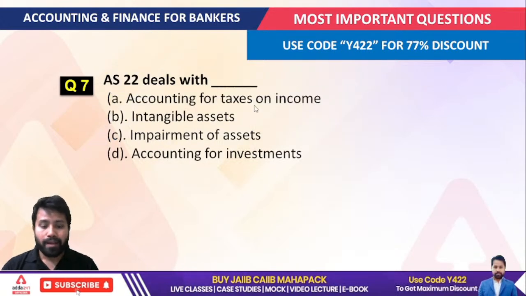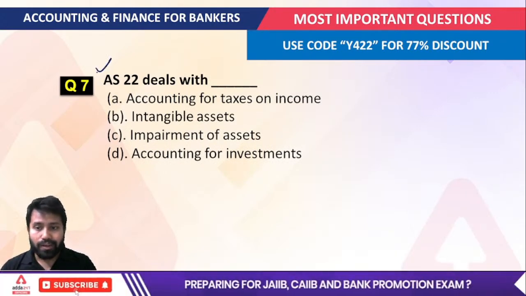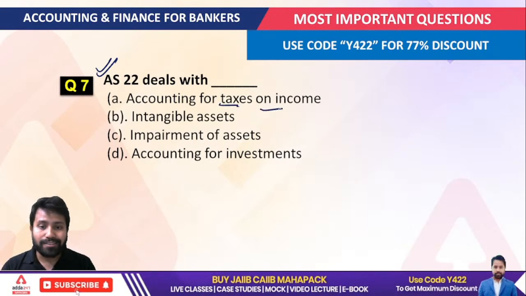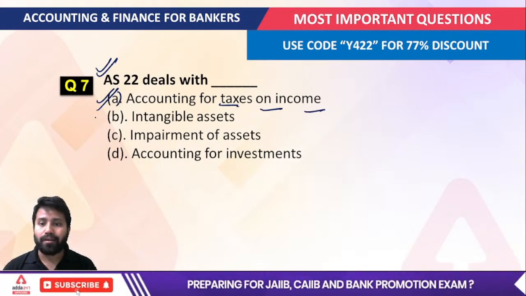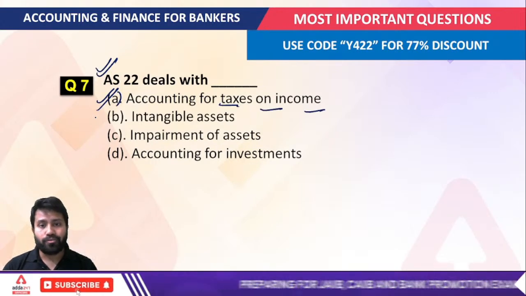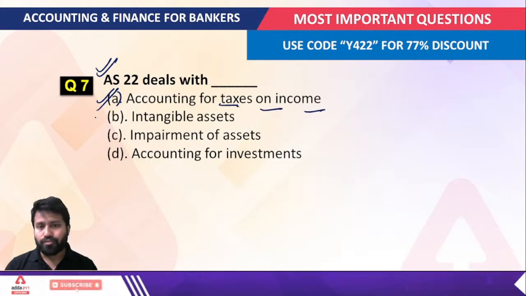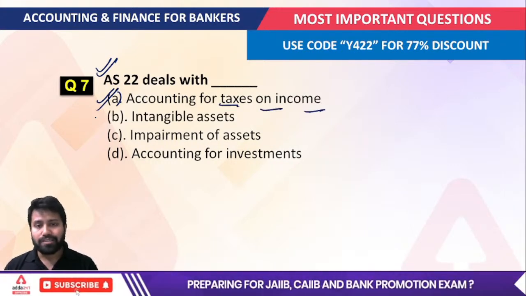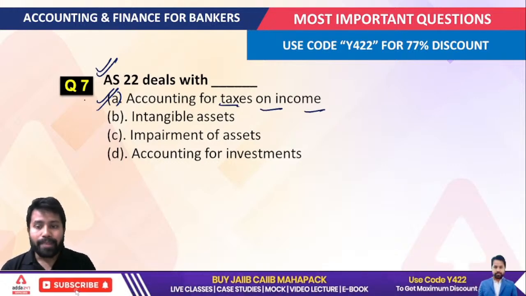Next. Accounting Standard 22 deals with what? When we talk about Accounting Standard 22, this actually deals with accounting for taxes on income. So Accounting Standard 22 deals with accounting for taxes on income. That should be the correct answer. You do not need to mug up all the accounting standards. If you watch my session, you will understand that I made a story about the accounting standards, so from that you just learn it.